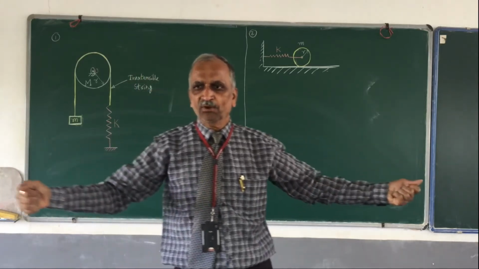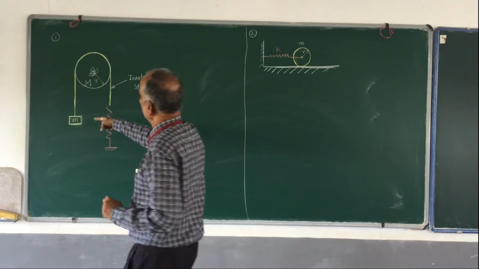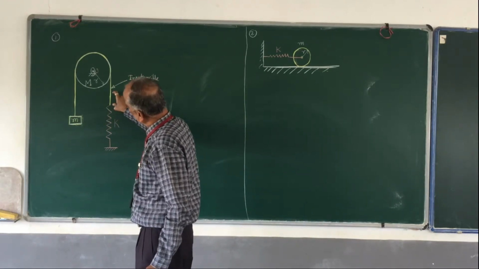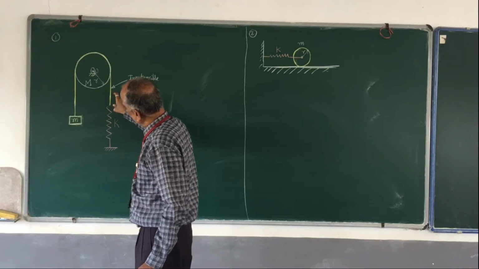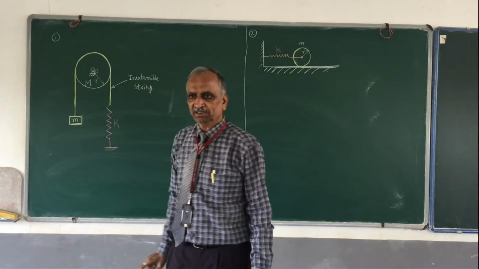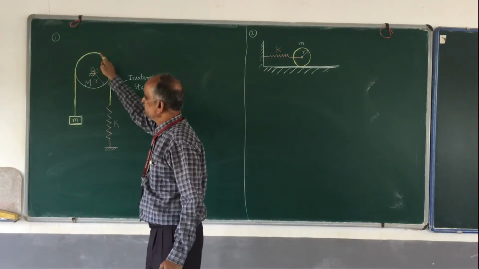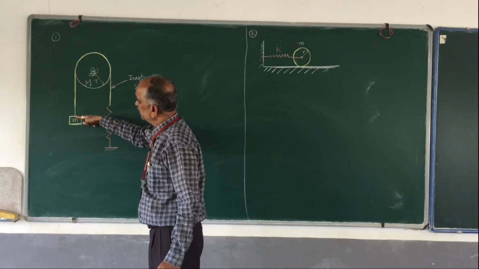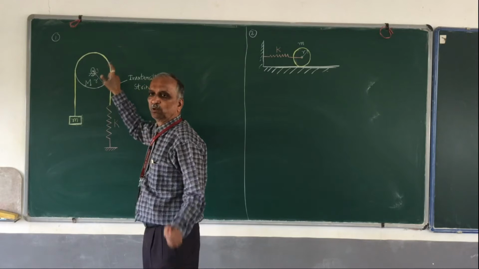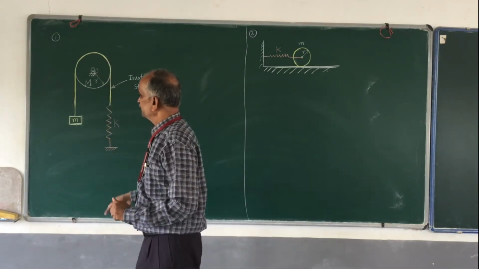Even if you apply force, its length is not going to change. So what it means is, if this point goes down by a certain amount, then by the same amount this end will come up. That is the meaning of inextensible string for our application: whatever the movement of this in the downward direction, the same amount this point will go up.